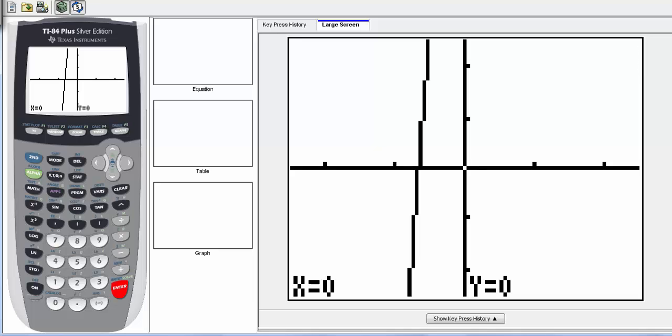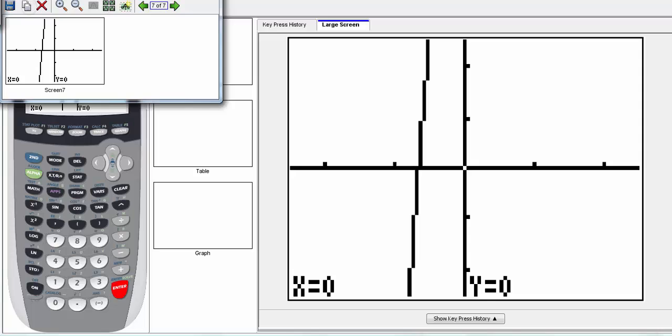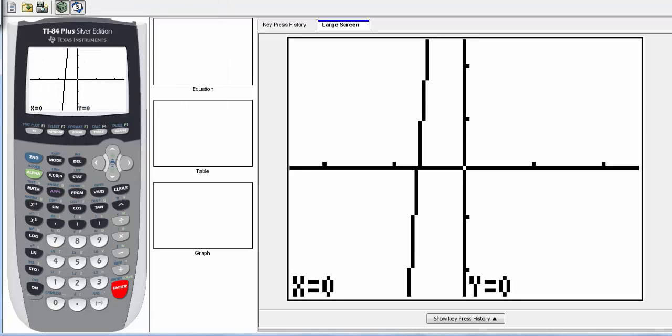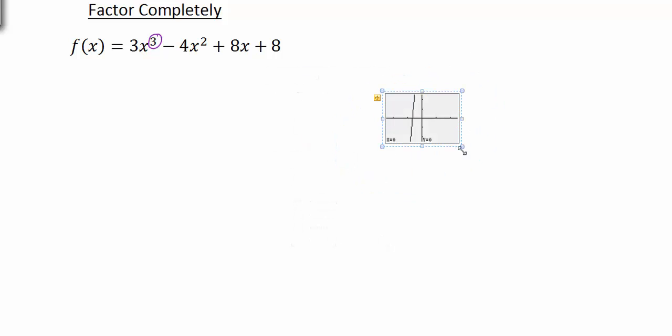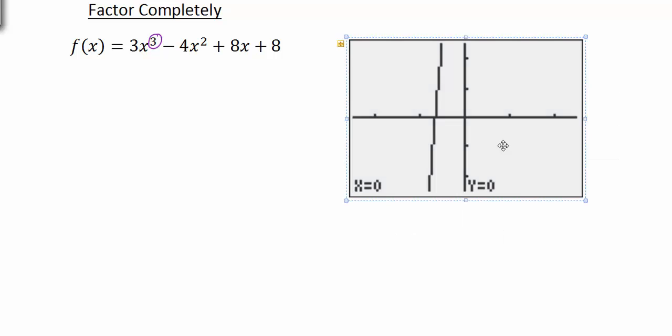And knowing what we know about our functions, if I paste this over here for us, you may be thinking, well, how do you know this is the only zero? How do we know that this graph doesn't go up and then come back down so that we have another zero?